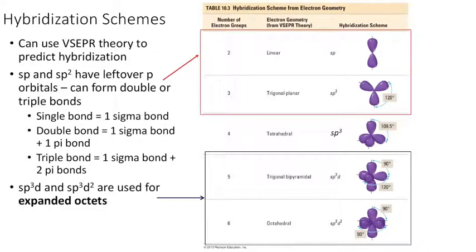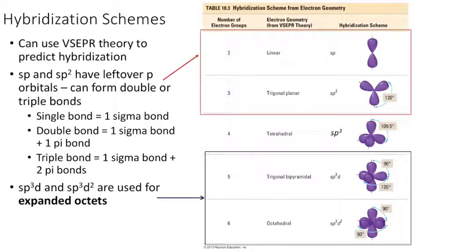It is also worth pointing out that if you have 2 or 3 electron groups, then you're going to have an extra p orbital, at least 1, if not 2. That's where you get double and triple bonds. So if you have 2 electron groups and it's linear, you have 2 extra p orbitals because you only use 1 of the 3 possible p orbitals, which means you can form up to 2 more pi bonds, giving you a triple bond possibility.